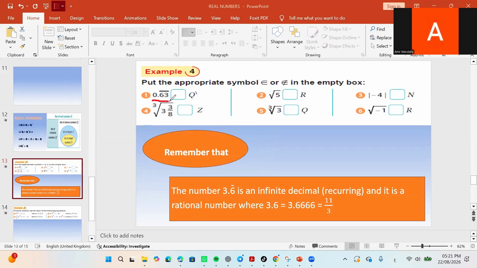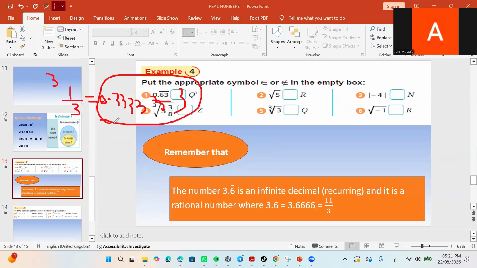Firstly, this is a recurring number. How are recurring numbers formed? When you write 1 over 3 on the calculator, you will find it equals 0.3333333.